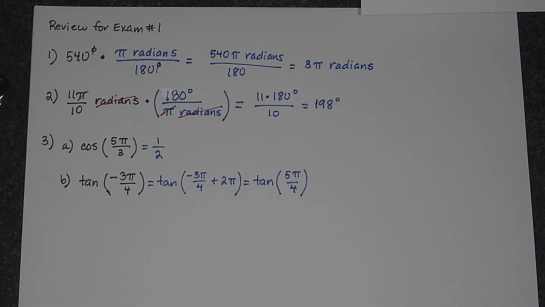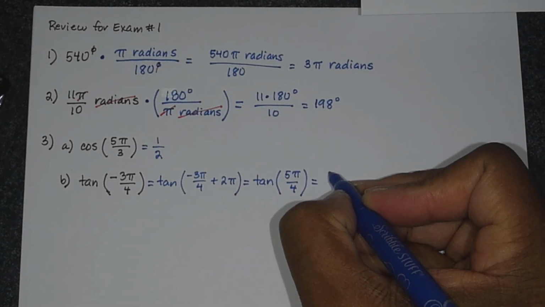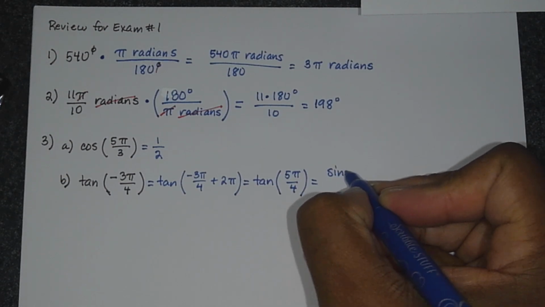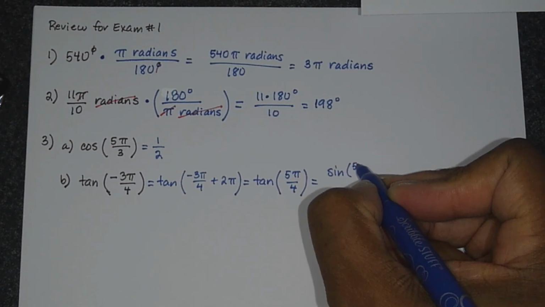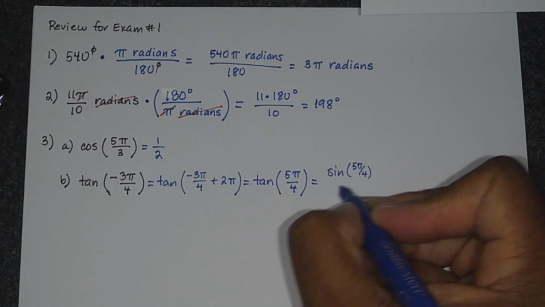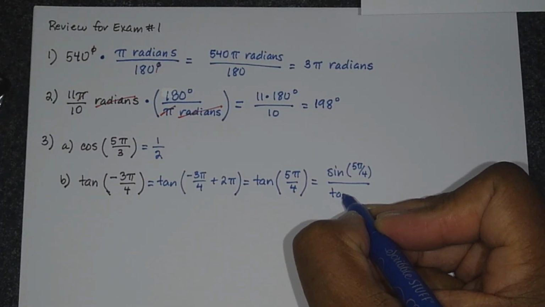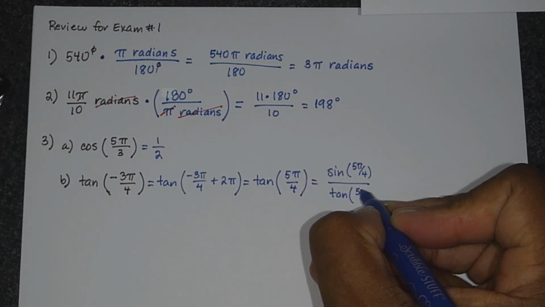Now, if you recall, the identity for the tangent is always going to be sine over cosine. Tangent is always sine over the cosine, so this will be sine of 5 pi fourths divided by the cosine of 5 pi fourths.